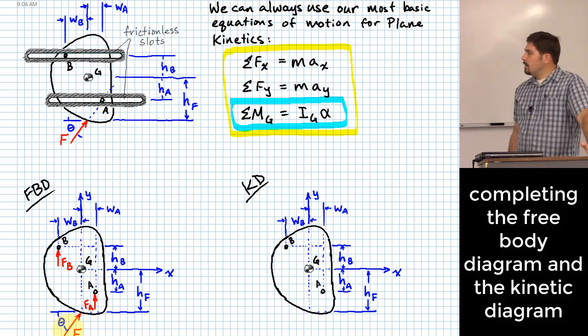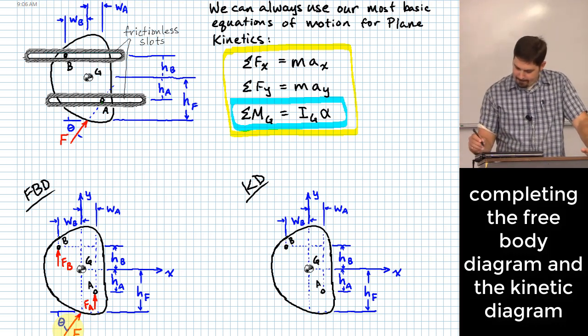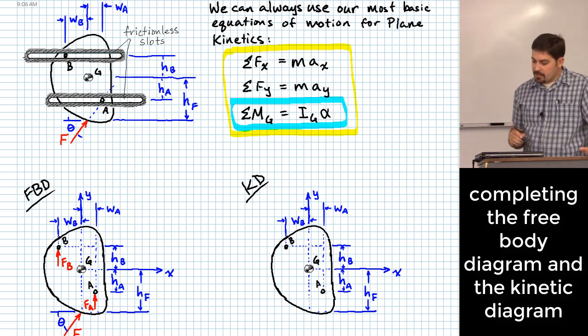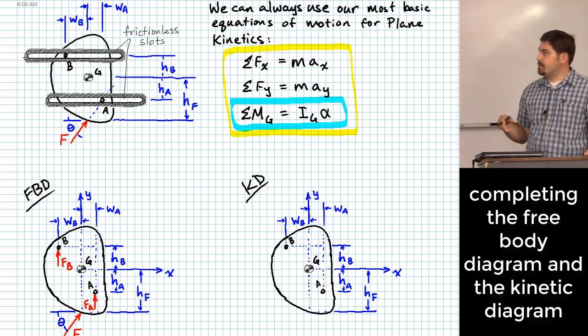All right. As far as the kinetic diagram, what do you think I need to know on the kinetic diagram? Okay, I probably need to put on here how the thing is accelerating, right? Because under these influences, there's no way that I can be sure that it's going to be static, right?